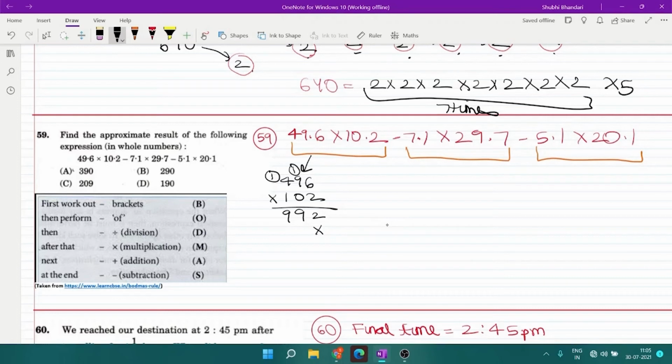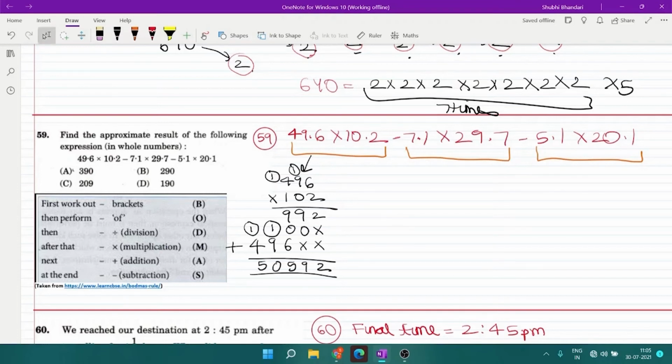Leaving one space, 0 into everything is 0. Leaving two spaces, 1 into 6 is 6, 1 into 9 is 9, 1 into 4 is 4. And adding all of these, 2, 9, 9 plus 6 is 15, 1 forward, 10, 1 forward, 5.